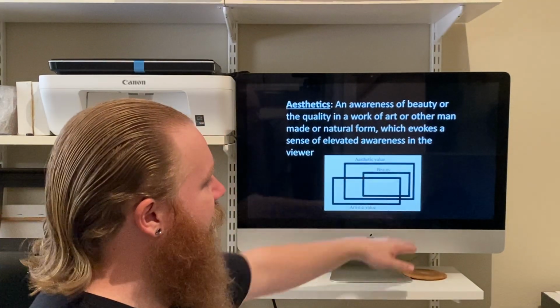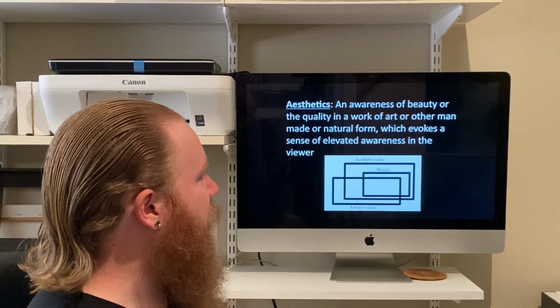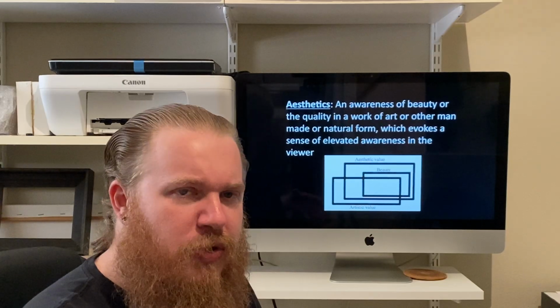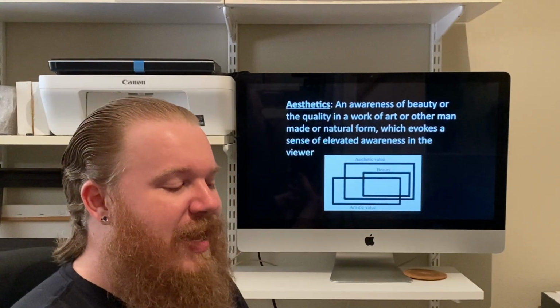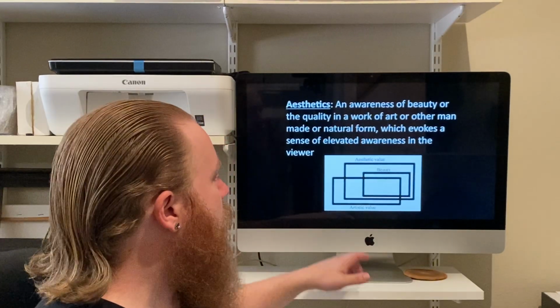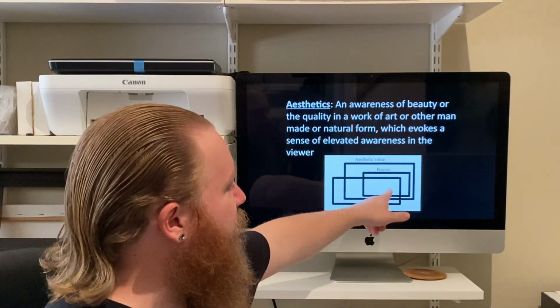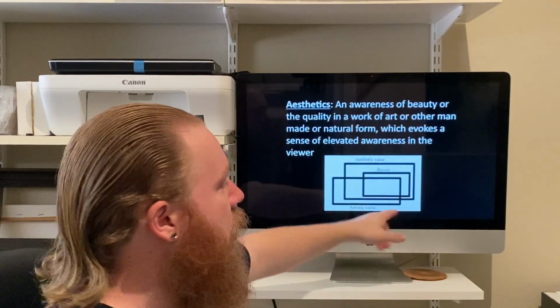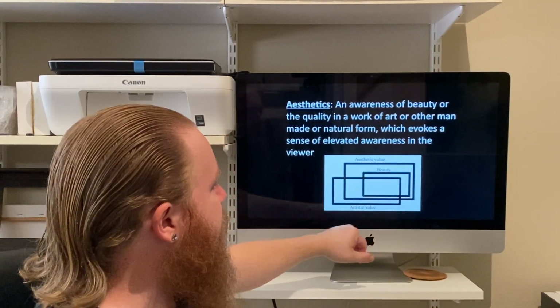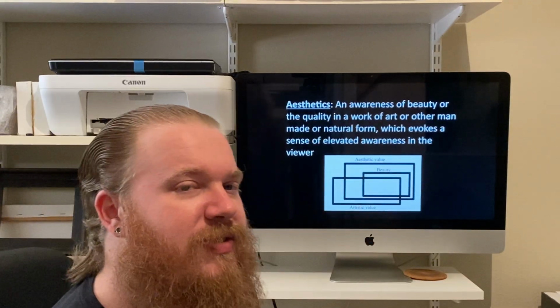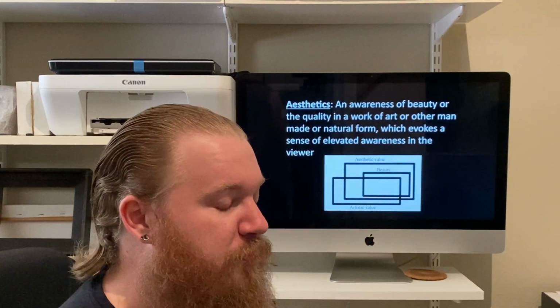Now, I like this nice little diagram here because just because something has artistic value doesn't necessarily mean it has aesthetic value or beauty, or vice versa. So, obviously, a lot of artwork falls in this middle where it has artistic value, beauty, and aesthetics all rolled into one. But something can have artistic value and aesthetic value without necessarily being considered beautiful.